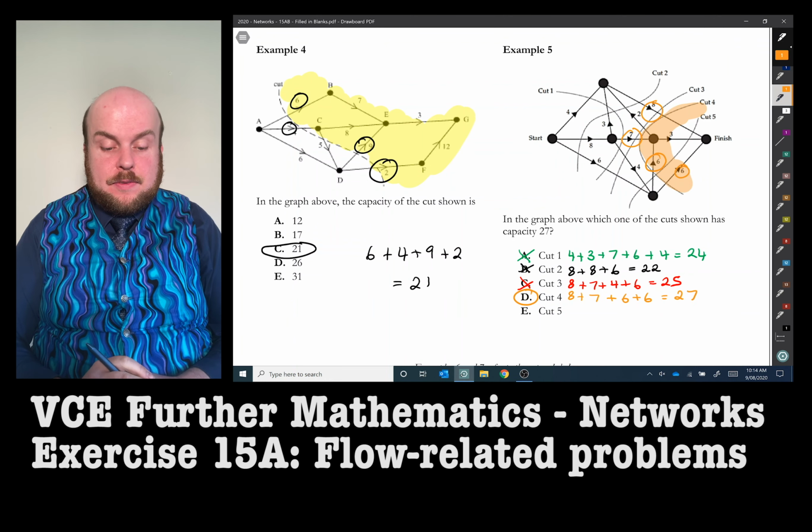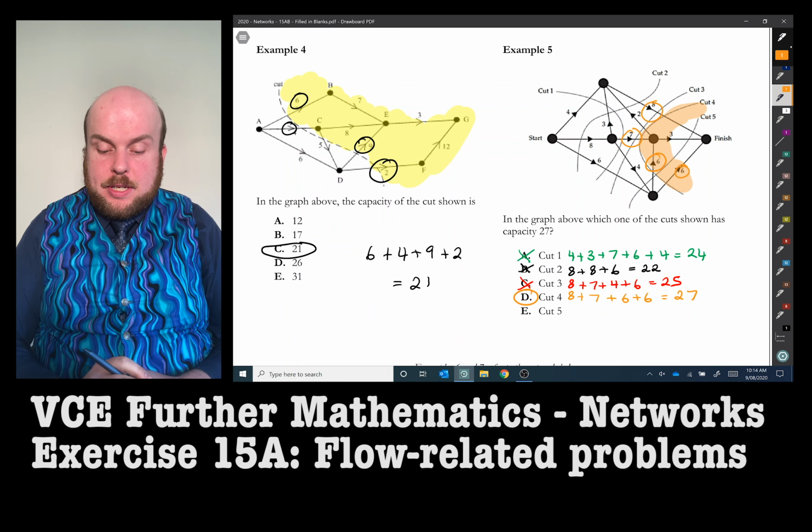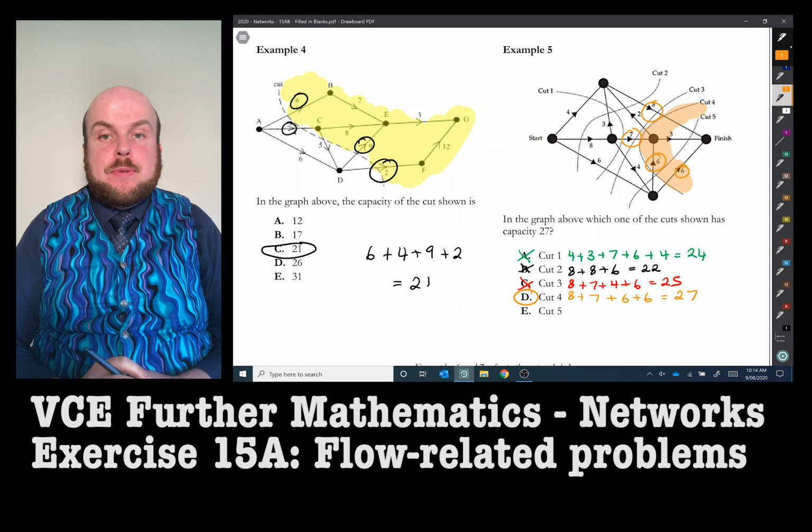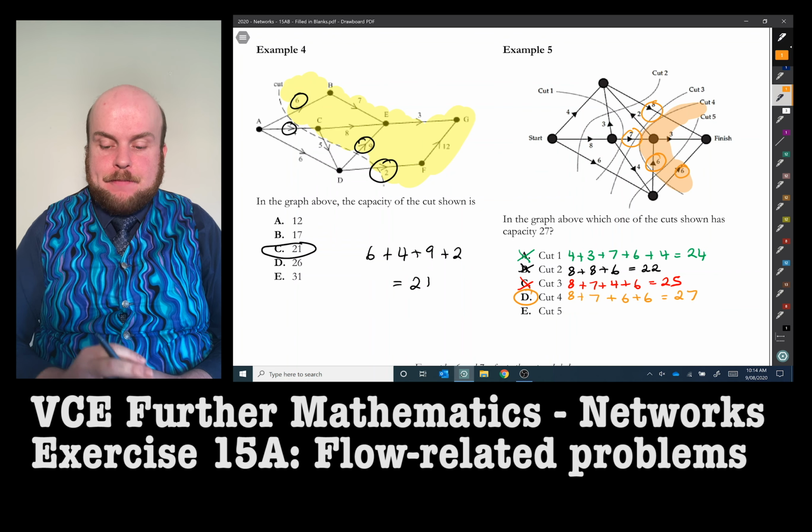So the answer for example 4 would be C, 21, and for example 5, it's D that gets you a cut of 27.